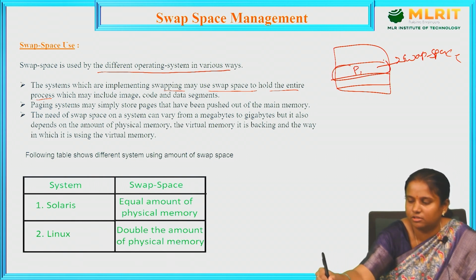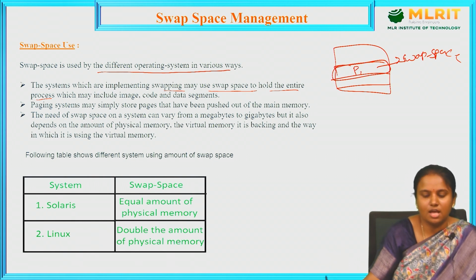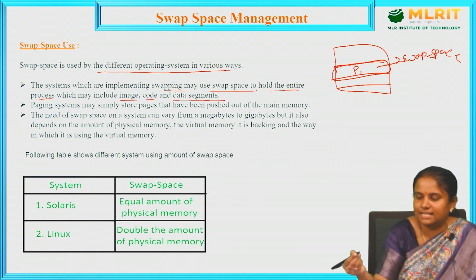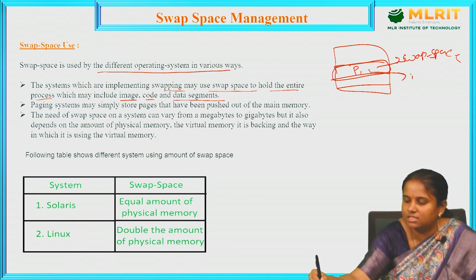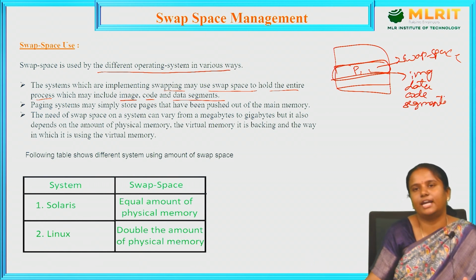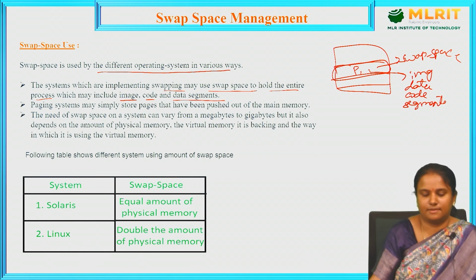This swap space may include image, code and data segments. So the process may be stored as an image or as data or code segments.